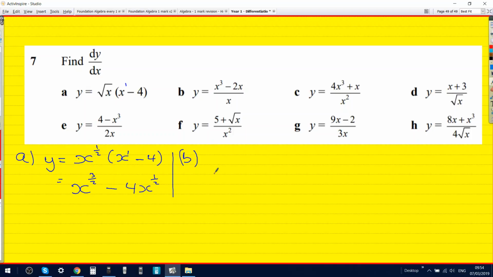No. So if you have x on the bottom, what's that the same as? It's the same as to the minus 1. And so that would be exactly the same thing, written a different way. Okay. And then you would expand that. We'll expand that in a second. What would be part C?